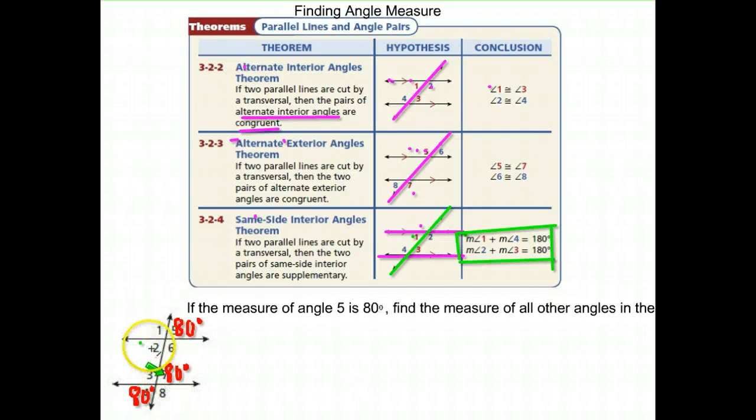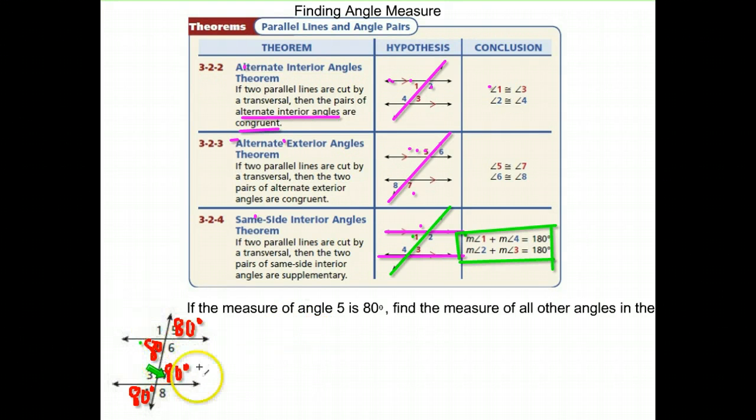From there, I can say, well, this one should be 80 for two reasons. One, it's a vertical angle with angle 5, and two, it's alternate interior with this angle 7 that we just filled in. So angles 5, 7, 4, and 2 were all congruent.